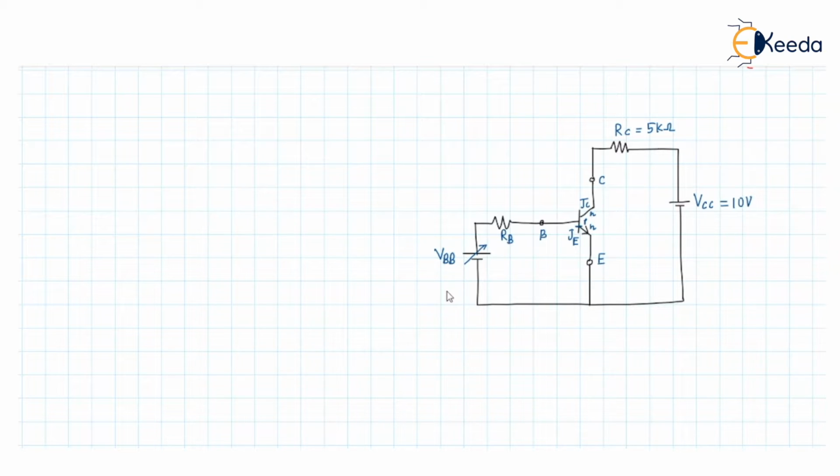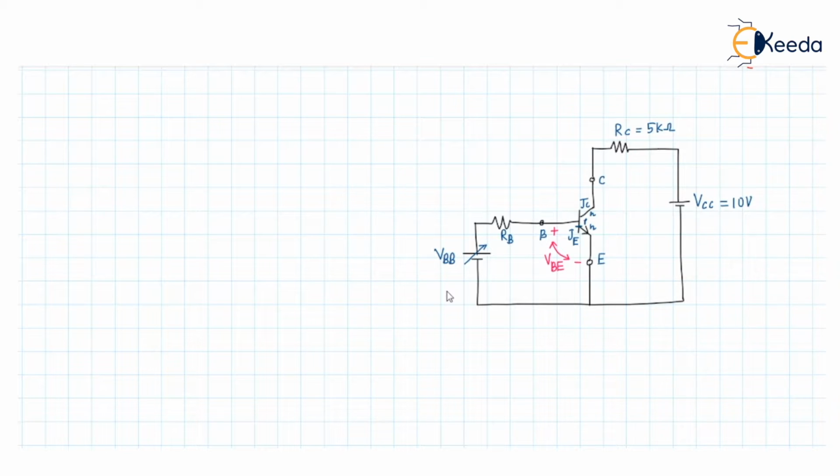Now, before applying the KVL, we can see the voltage between the base and the emitter can be written as VBE.